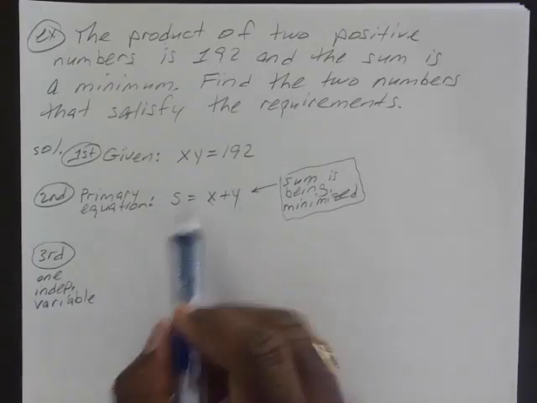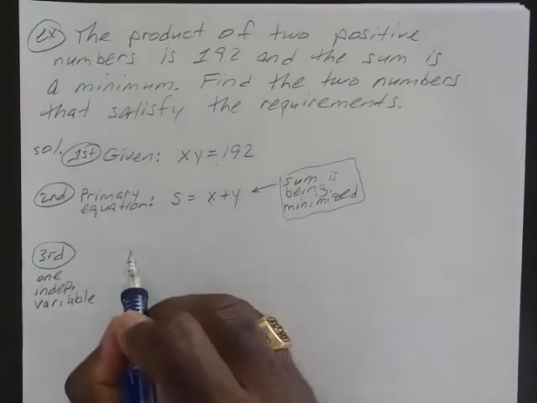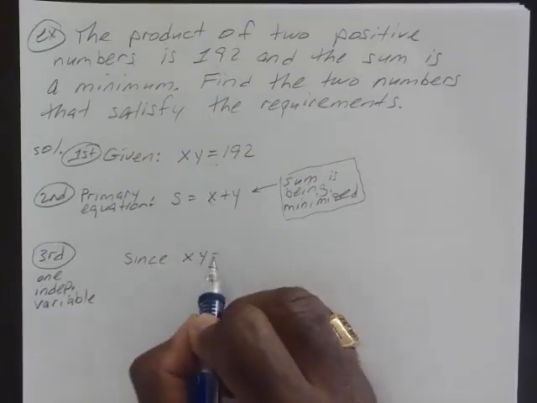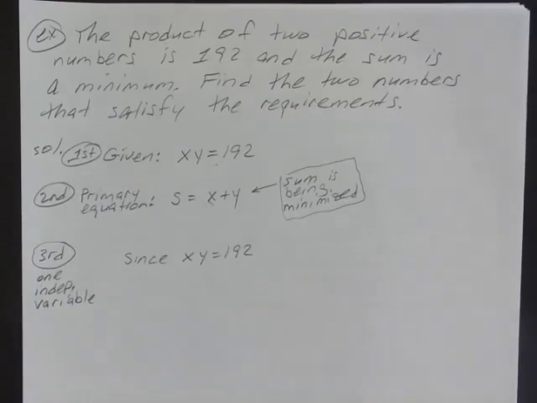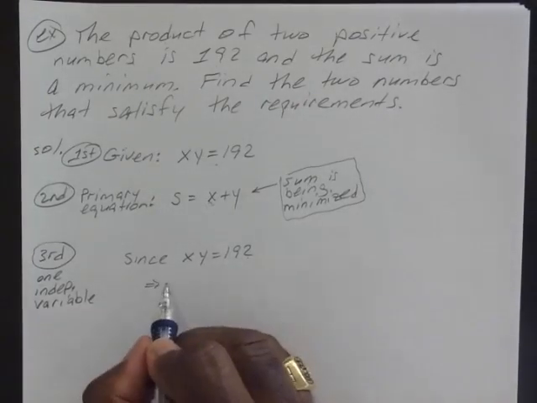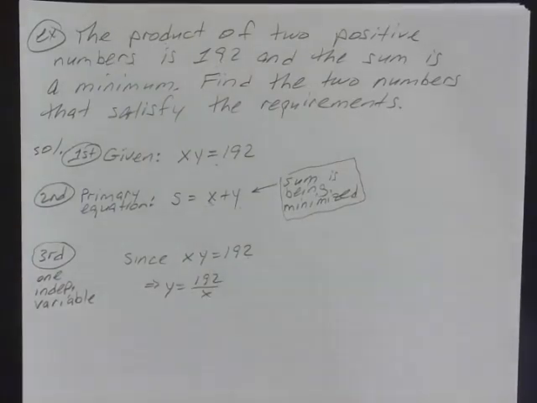And actually we have the secondary equation we can use to do that. Since we know that x times y equals 192, we can divide both sides by x, and we have y is equal to 192 divided by x. That's our secondary equation.